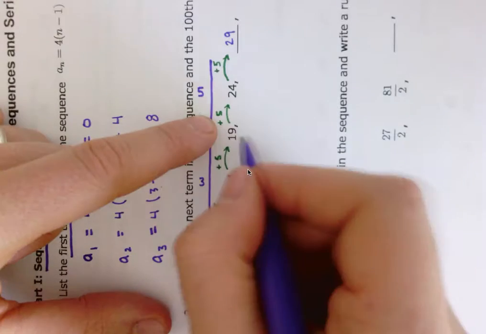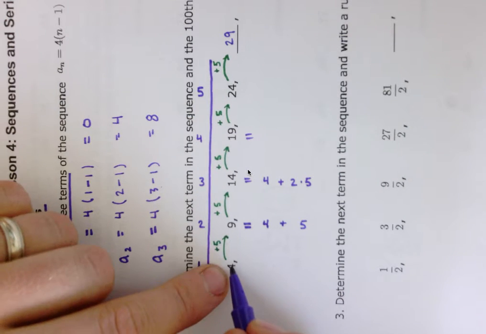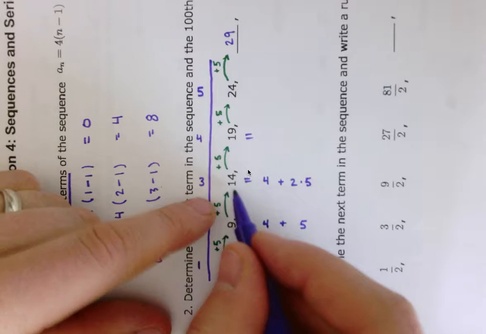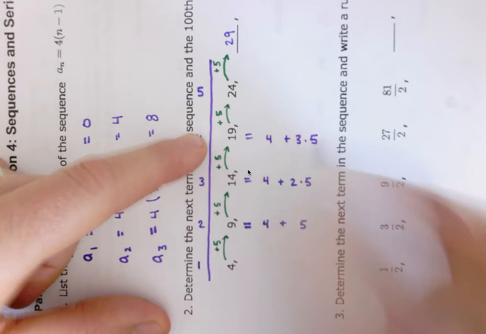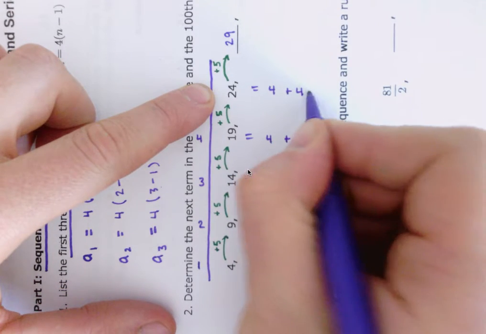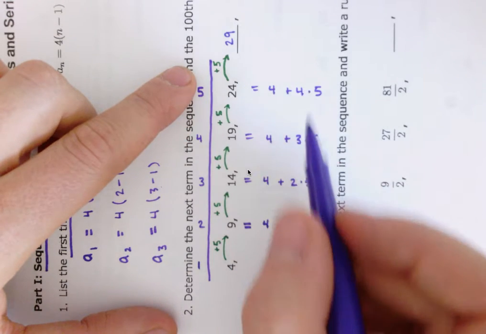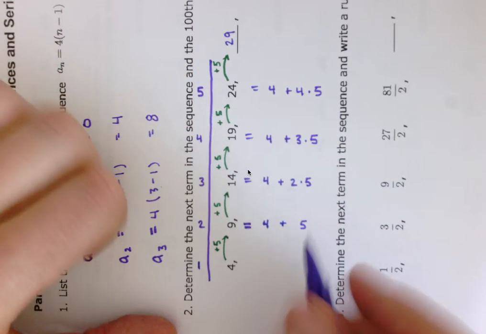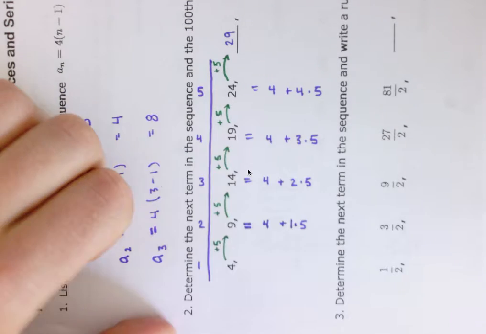And then let's go to the 19. You see the pattern now. 19 is the result of coming back here, 4 plus 5 plus 5 plus 5. So this is 4 plus 3 5s. And you can kind of imagine that the next one is going to be 4 plus 4 5s. And just so we can see the 4, 3, 2, I'm going to take this 4 plus 5 and rewrite that as 4 plus 1 times 5.